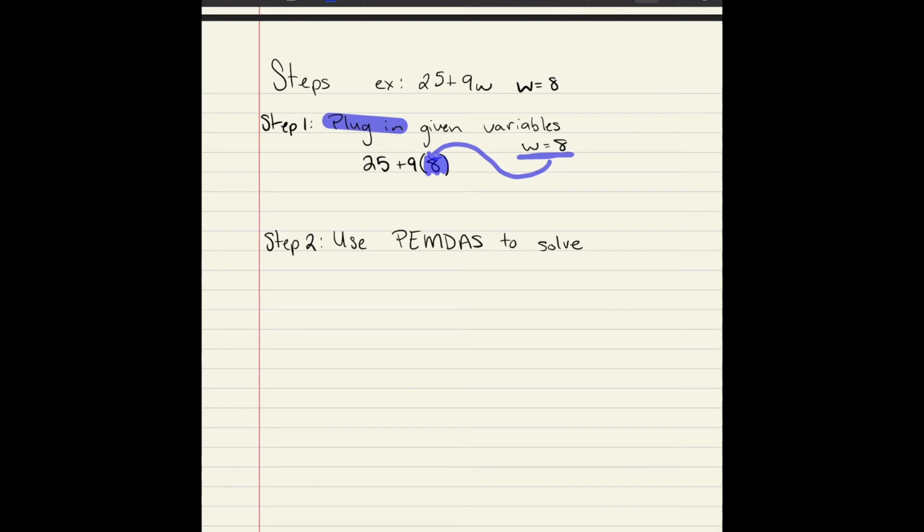So this is plugged in now. Now I just need to use PEMDAS to solve. So now I have 25 plus 9 times 8. So you're just plugging in what you're given and then solving as usual.